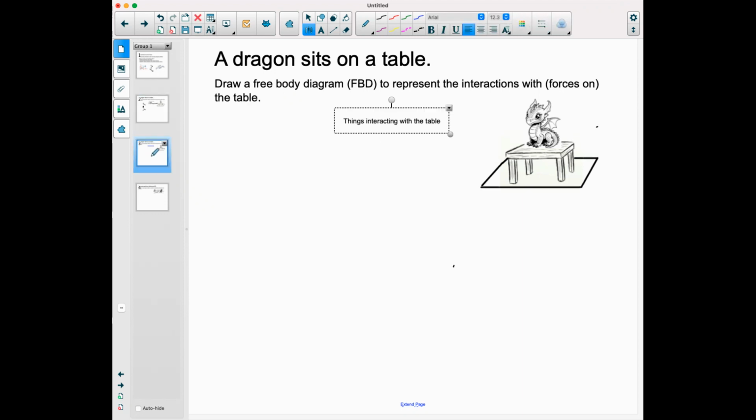Now let's do another example. In this example, we're going to look at the exact same scenario. We don't want to overload your brain with too much. But this time, we're going to do a free body diagram for the table, not for the dragon. So again, let's go through and list the things interacting with the table.